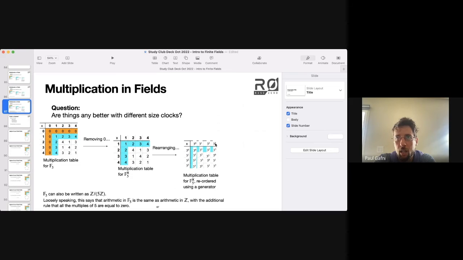Meaning, if I take its 4th power, I get unity, 1. The root of unity term comes up all the time in finite field conversations. A root of unity is literally just some root of 1. It might be a square root of 1 or a cube root of 1. In this case, my generator is a 4th root of 1, or a 4th root of unity.